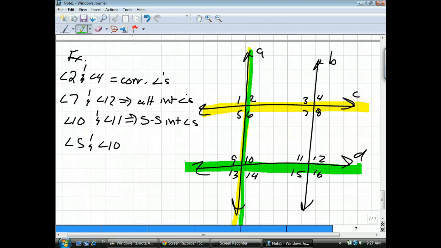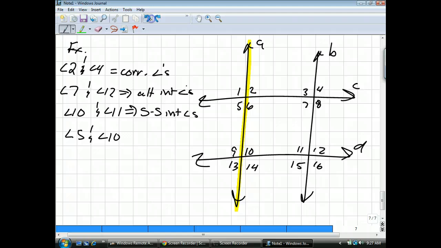So notice that A is our transversal, okay, and angle 5 and angle 10 are both inside the 2 lines but on opposite sides of the transversal. So we would say that those are alternate interior angles. Okay, so these are alternate interior angles.